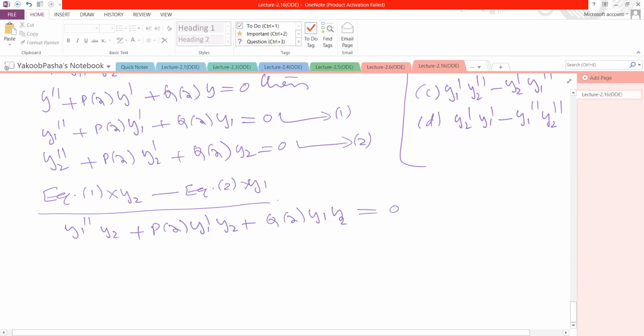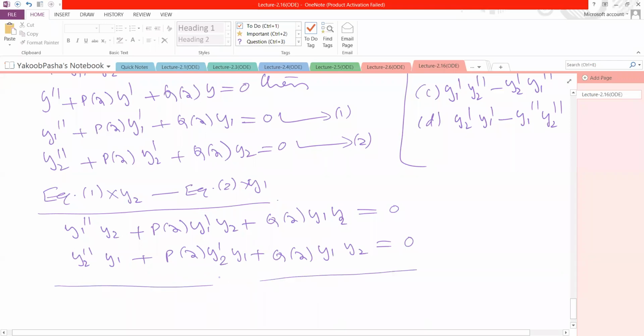And we are multiplying y1 for the second equation, that is y2 double dash y1 plus P of x into y2 dash into y1 plus Q of x into y1 into y2 is equal to 0. Now we are subtracting these two, so you can change the sign here for every term.